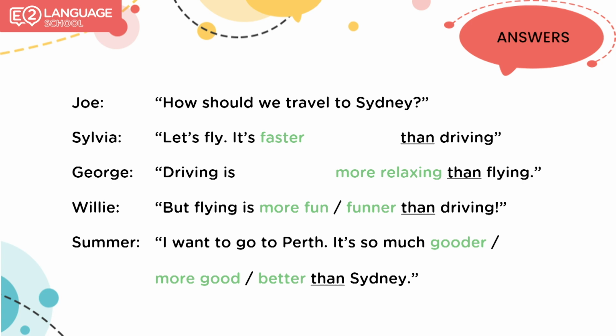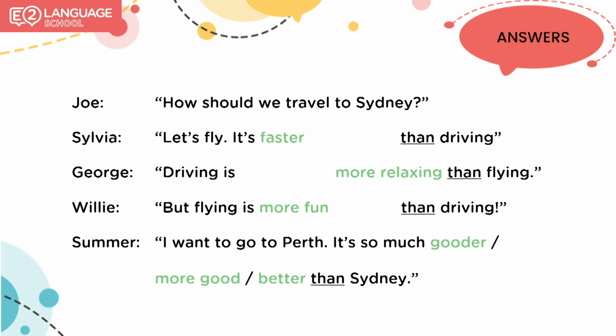Willie says in return, "Well, but flying is more fun than driving." Now, this might have been a difficult one to get the correct answer because fun is an irregular adjective. So we say more fun, even though it's only one syllable.